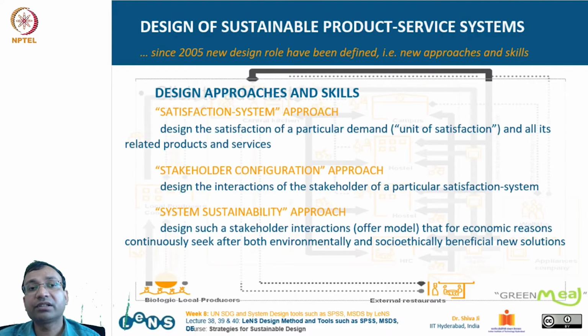So all of these stakeholders, if we combine them into one unit, and if we design our product and service system in such a way that it serves the system efficiently, and if there is any need to improve the entire system, then for that we can intervene at that stakeholder level, or that unit level, to improve the efficiency of that product, and in turn we can improve the efficiency of the entire system.